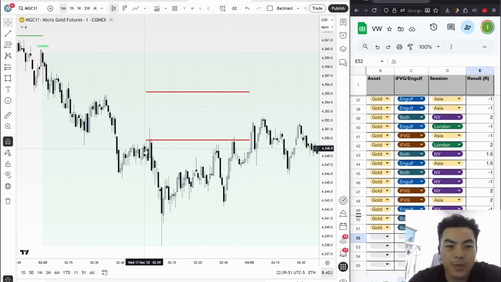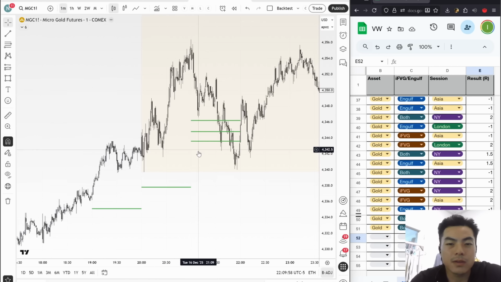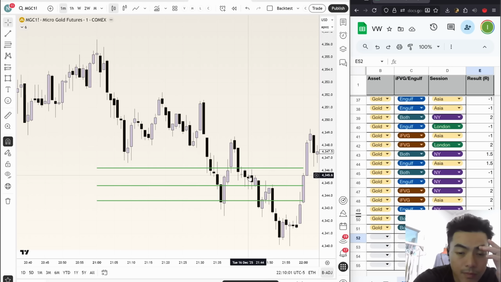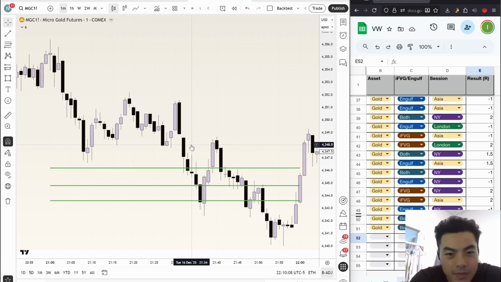Nothing there. No close above the bearish POI. Alright, let's see. So we get an entry here. We change the state of delivery.